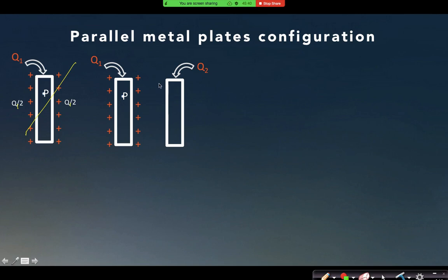So in order to make that, if I assume that charge on this surface of the plate is suppose x, then what will be the charge on this surface of the plate? Q2 minus x.